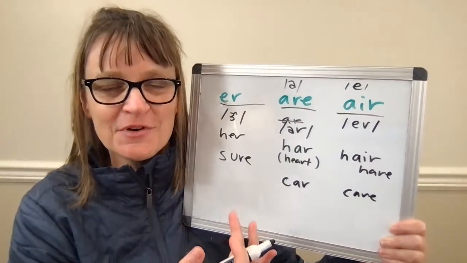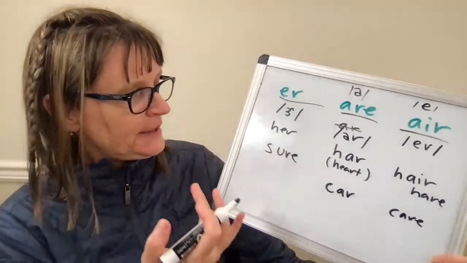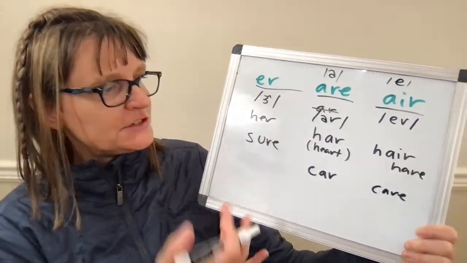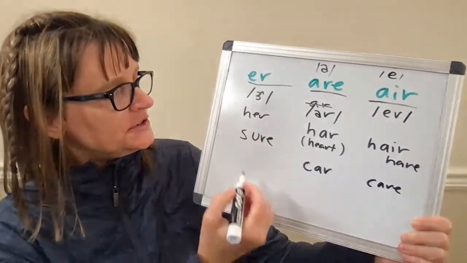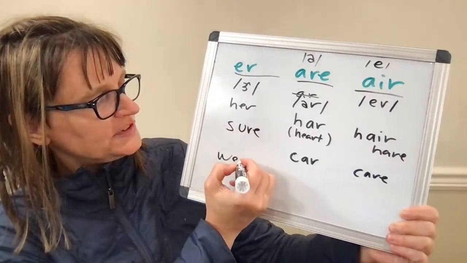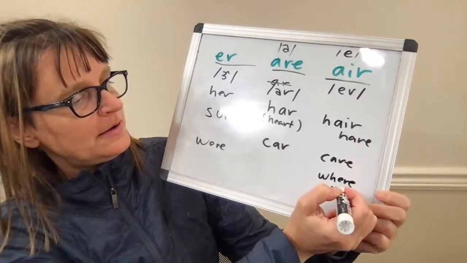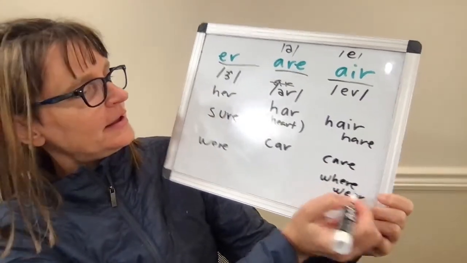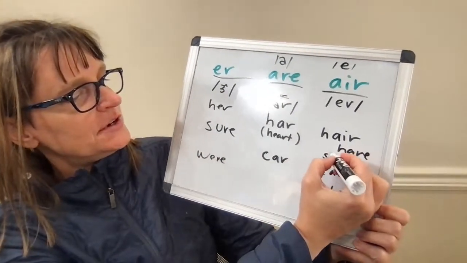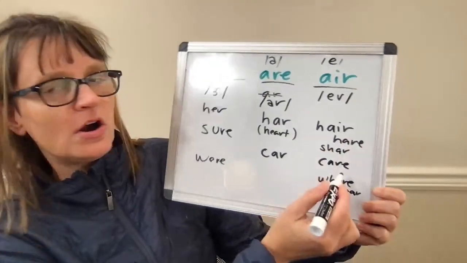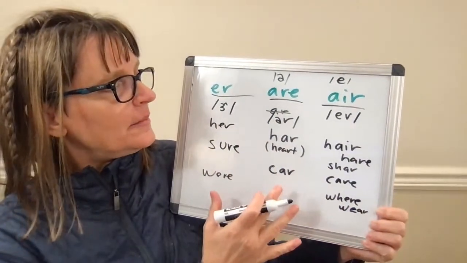I do have a number of lessons for you on contrasting words. So you could look at, for example, were versus where, and sure versus share, car versus care.